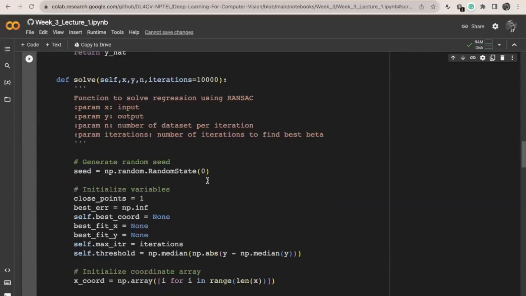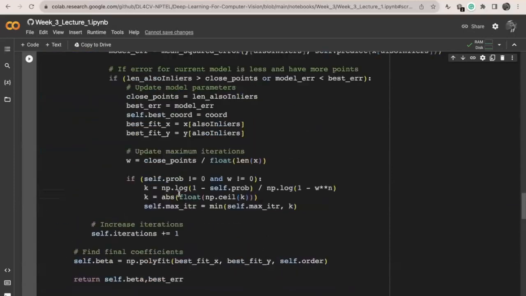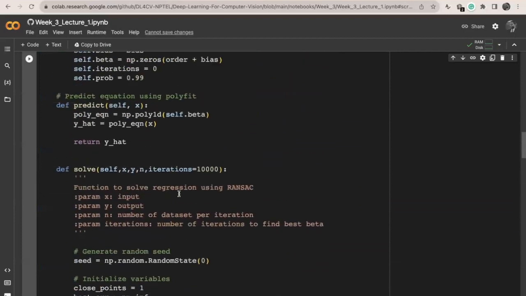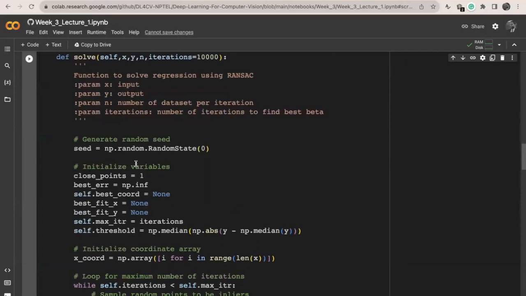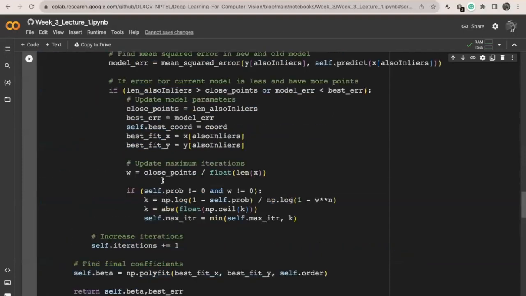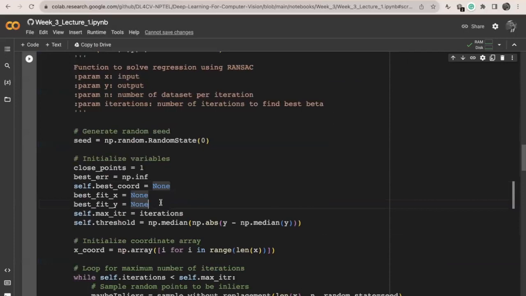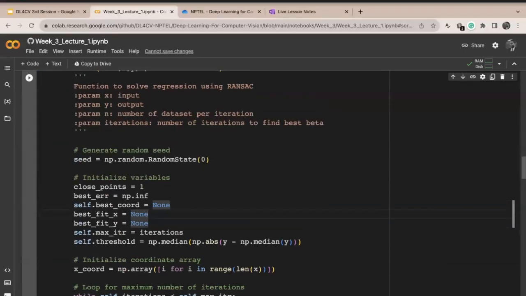Then we have a solve function, which contains all the things that we need to solve the equation. Let's see.